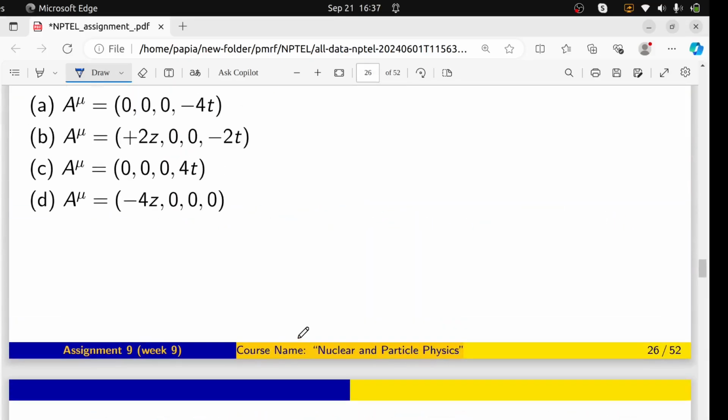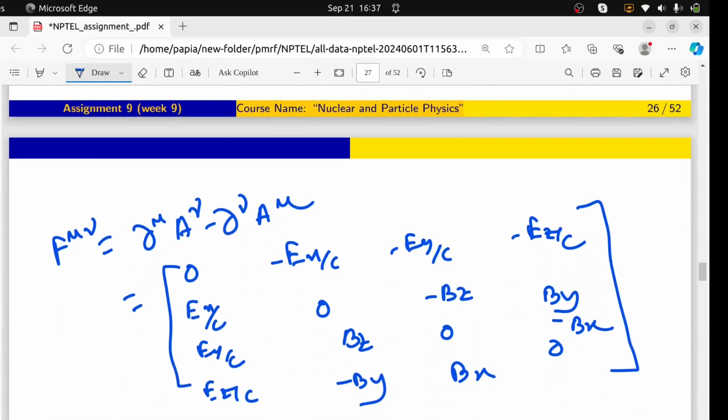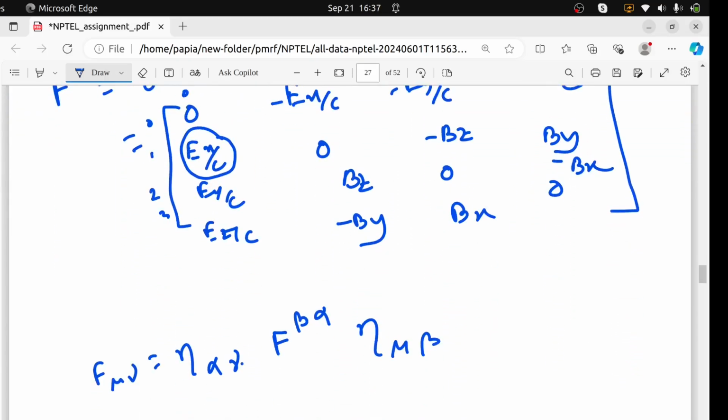Now, it is given F10 equals 0, F20 equals 0, and F03 equals minus 4. So F10 means what? This is 0, 1, 2, 3, 0, 1, 2, 3. Right? So F10, that means 1, 0, this one, Ex.